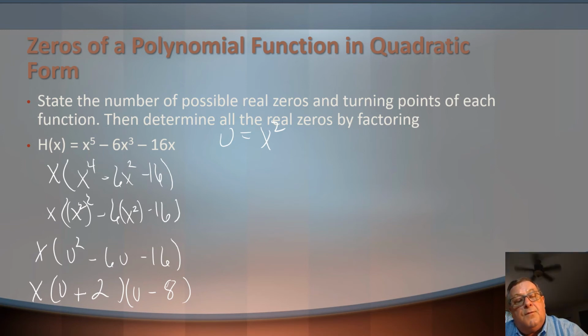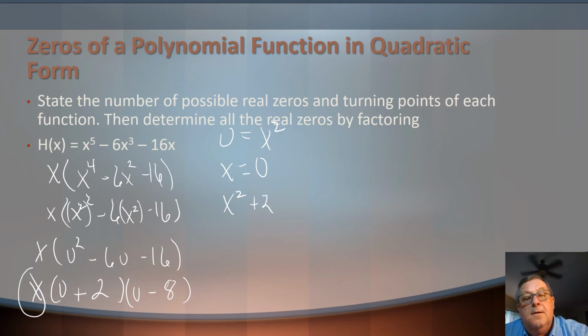All right, so we got 3 factors on this thing. I got 1 factor, so x is just equal to 0. That covers this. Then I'm going to substitute in x squared for u. So we got x squared plus 2 equals 0.